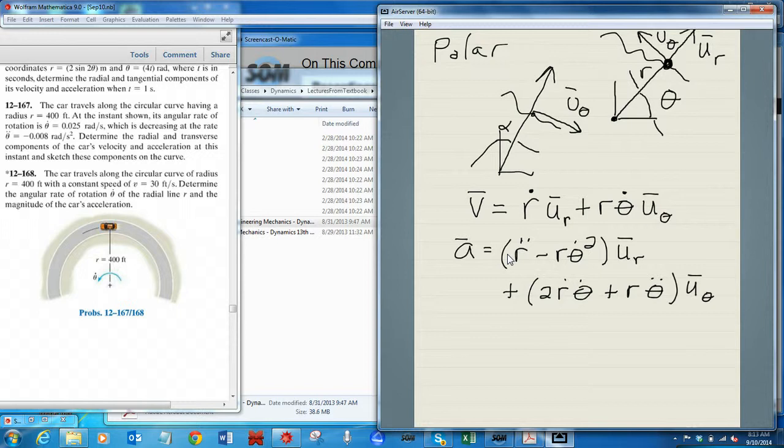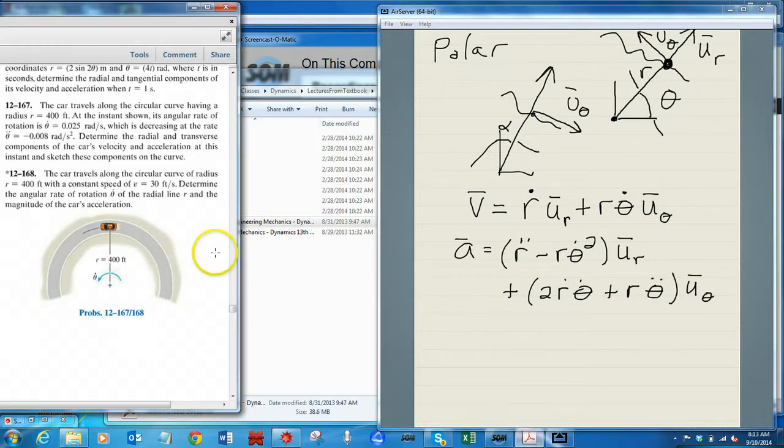Okay, I actually pulled it up. There we go. How about problem 167?